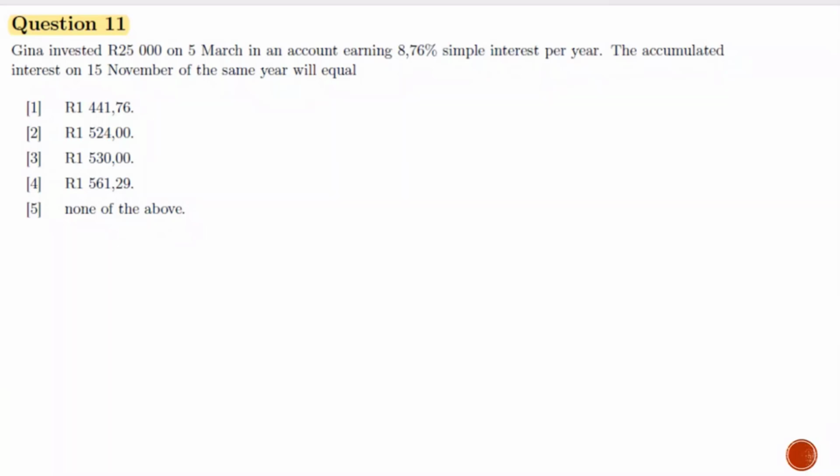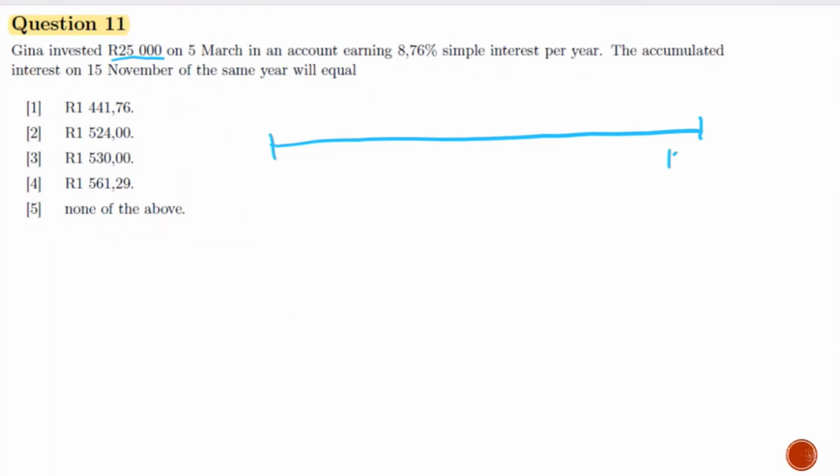You'd find it maybe a little bit challenging, whereby you need to calculate. Here you are given Gina invested 25,000 on 5th of March. So now you get your timeline. This is one of those cases whereby you get your timeline.